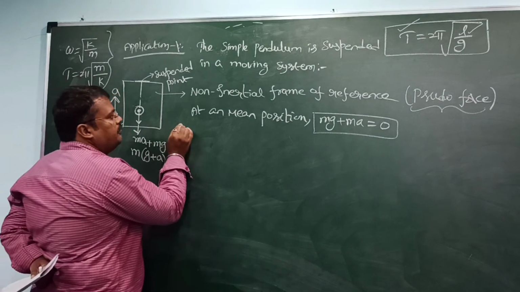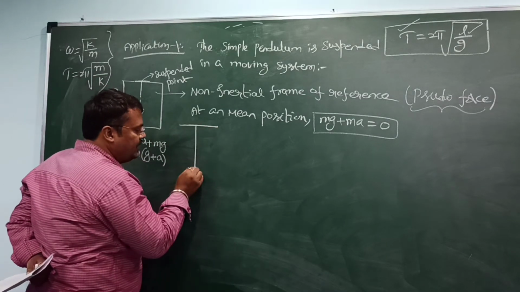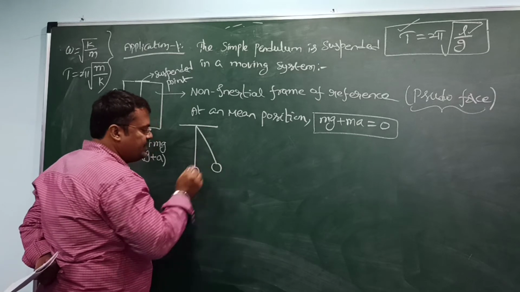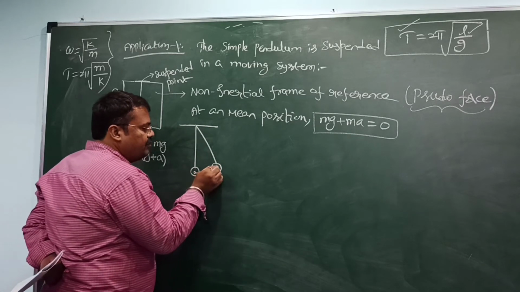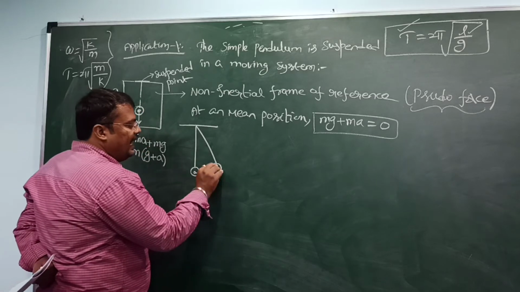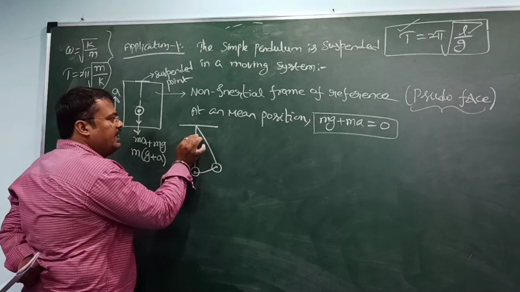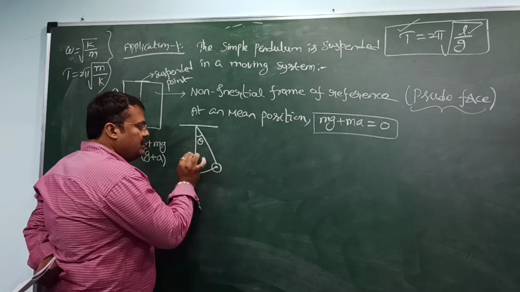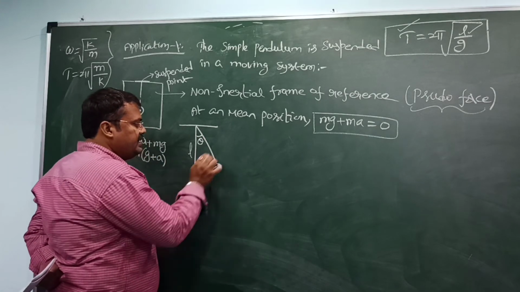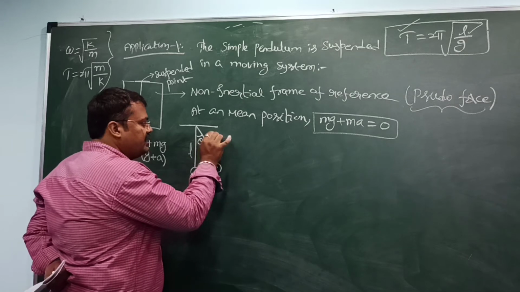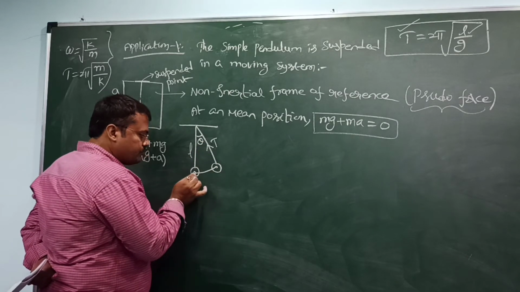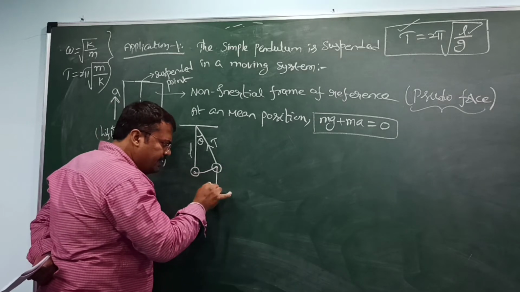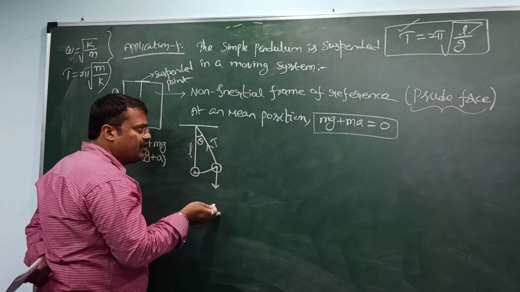Whenever the particle inside the system is disturbed and changes its position from the mean to the extreme position, at the extreme position the angle theta is very small here. This is the length of the pendulum, and this is the tension in the string. Now this is the weight of the bob. Let us resolve all the components.